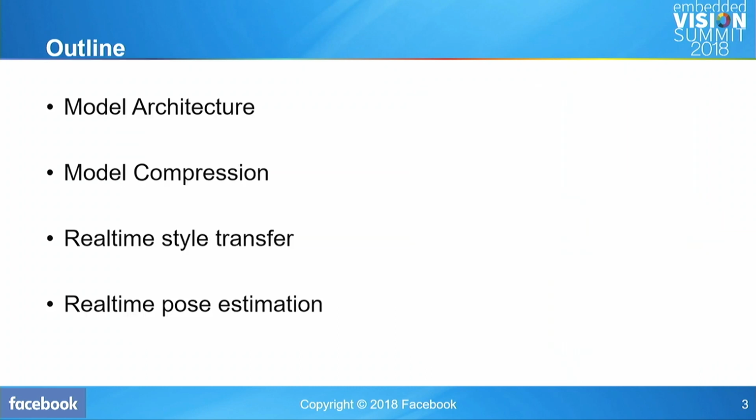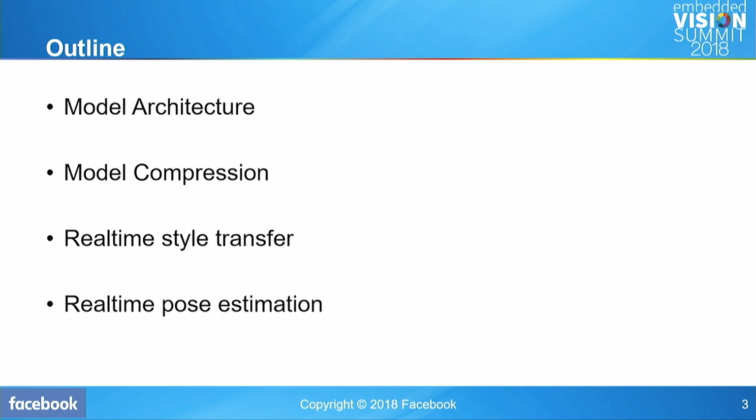So in this talk, I will first describe some of the model architectures out there, especially MobileNet from Google and ShuffleNet. Then I'm going to discuss a little bit about how to compress these models into a smaller space by quantization and then pruning.